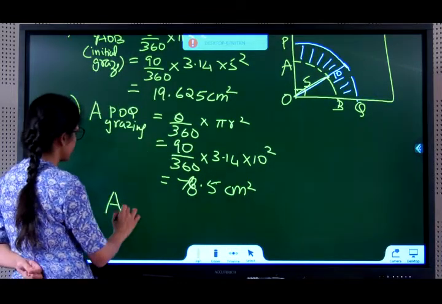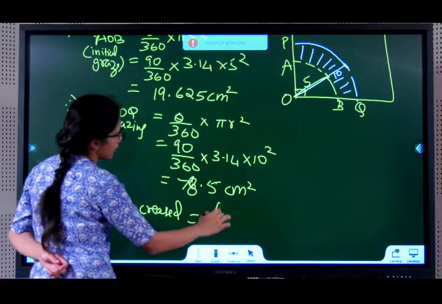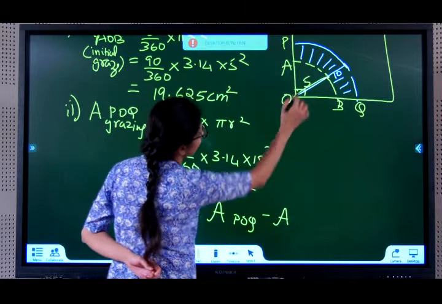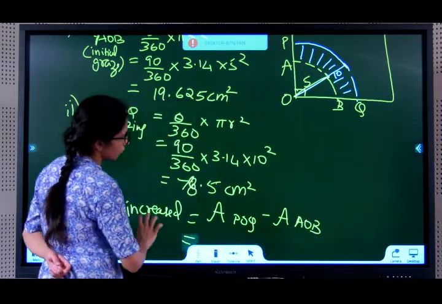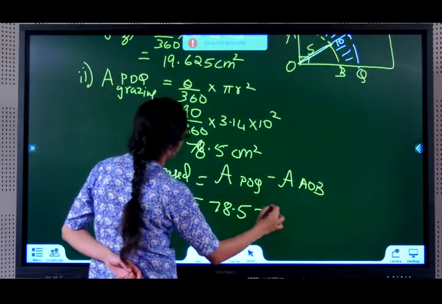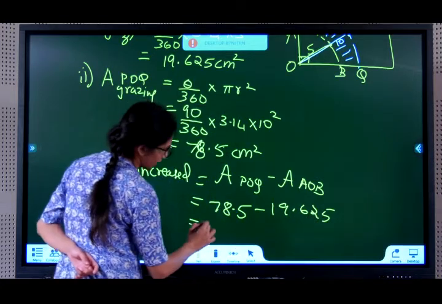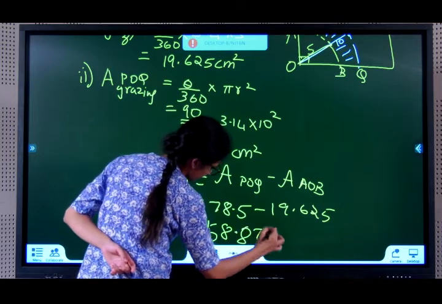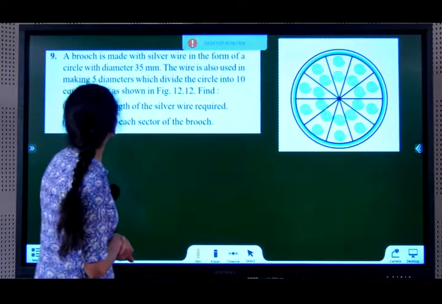So now what will be the area of the increased grazing? Area of full grazed, that's POQ, minus area of the initial graze AOB. 78.5 minus 19.625. On subtracting these two, we get 58.875 centimeter square.